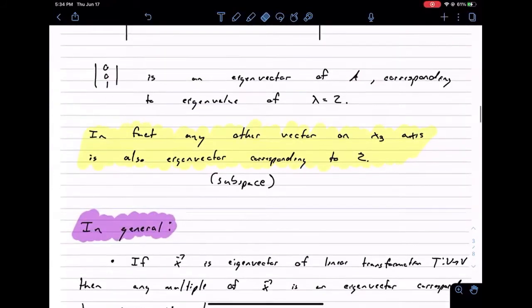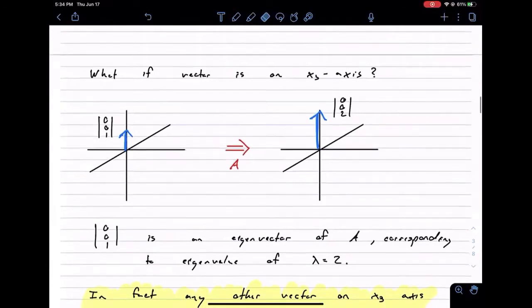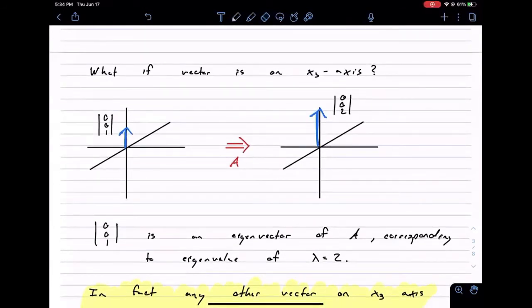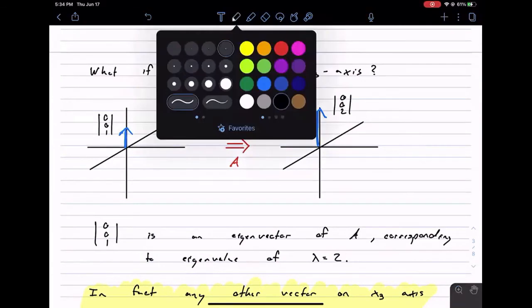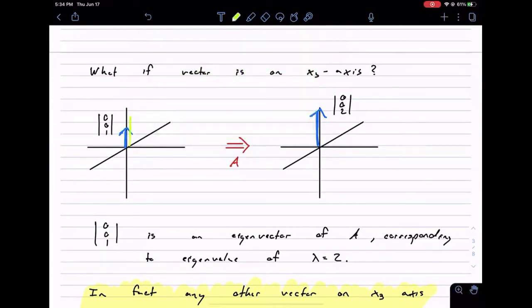And in fact, if we looked at this picture a little more closely, any vector on this x3 axis is an eigenvector, right? Let's say I start with the vector 0, 0, 3. What does my transformation do to that? Again, it just doubles it, taking it way up here to 0, 0, 6.